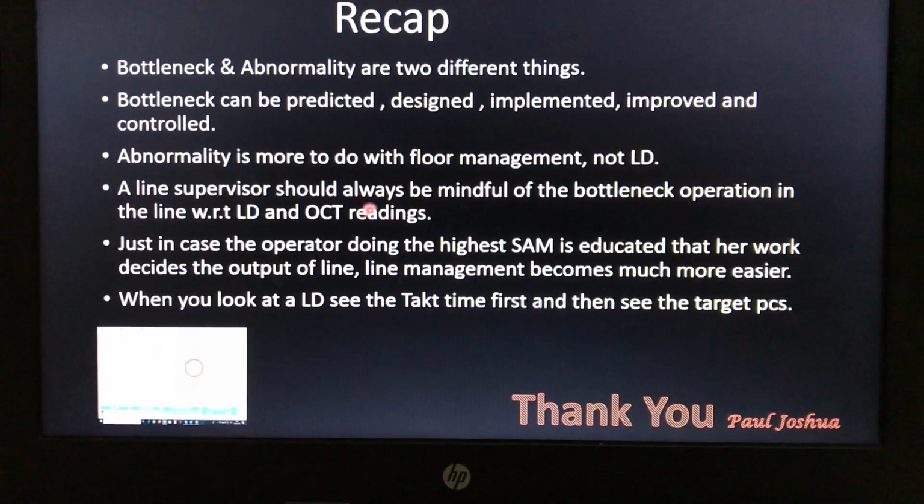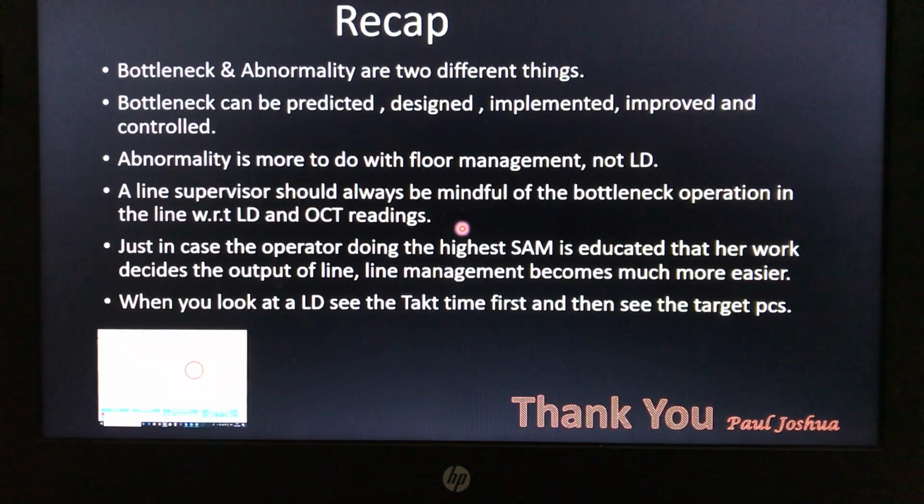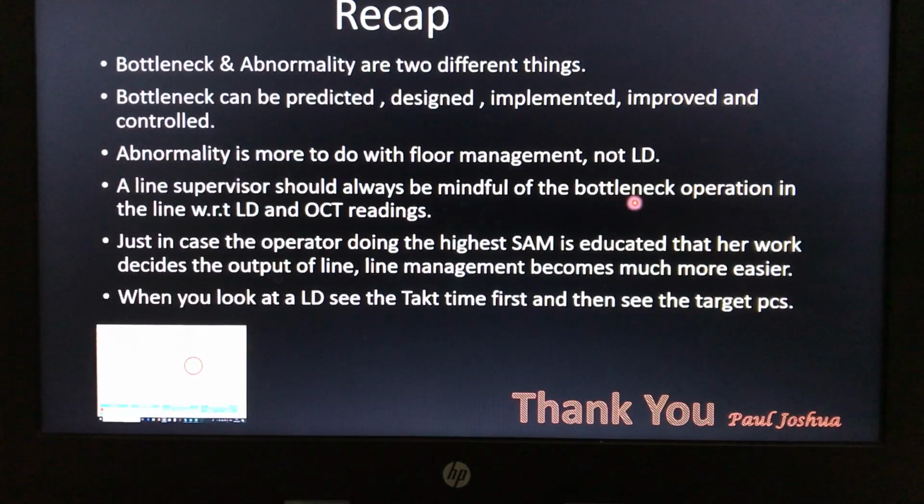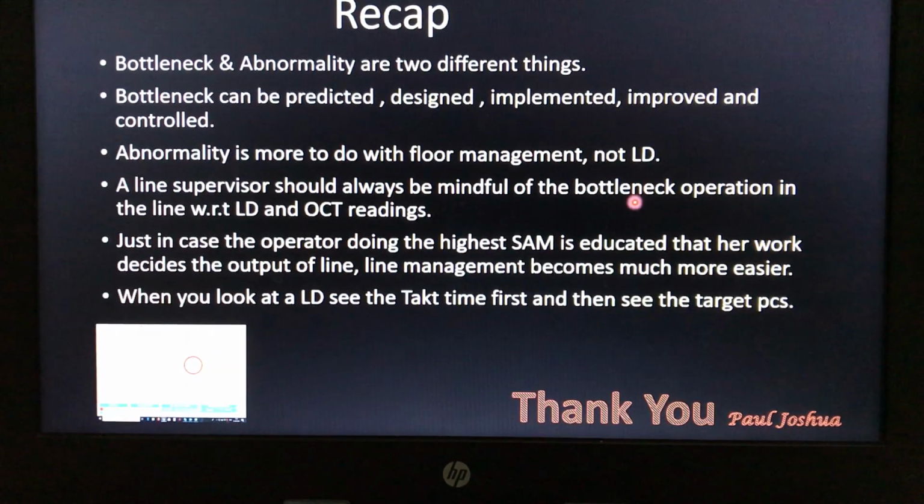A line supervisor should always be mindful of the bottleneck operation in the line with respect to LD and OCT. In the sense, when you call a supervisor and ask him, tell me the bottleneck operation, he should tell the bottleneck operation, and he should also tell the OCT of the bottleneck operation. Because the moment he knows the bottleneck operation, he is actually controlling the output of the line. Rather, he is actually making the output rather than accepting whatever output is coming.